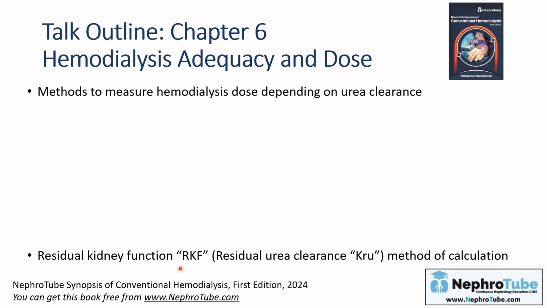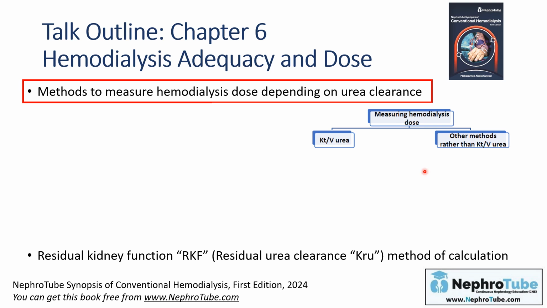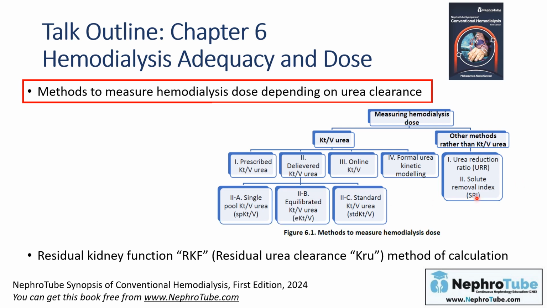Then we will talk about how to measure and calculate residual kidney function, which is also known as residual urea clearance. Regarding the first point, we'll have sub-categories below it. What are the methods to measure hemodialysis dose depending on urea? We have the main method, which is Kt/V urea, and other methods rather than Kt/V urea. Below each of them there are a lot of methods, and we will go step by step through each of them. Let's start with Kt/V urea.